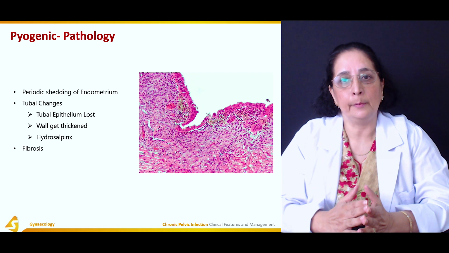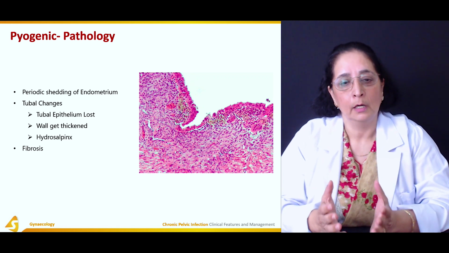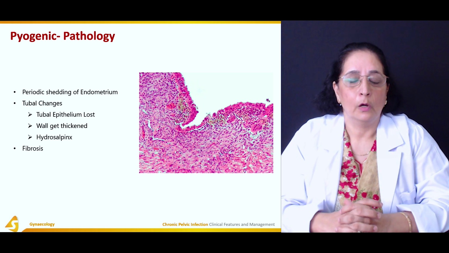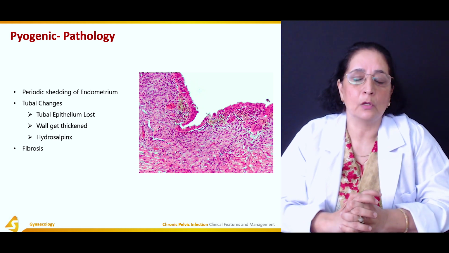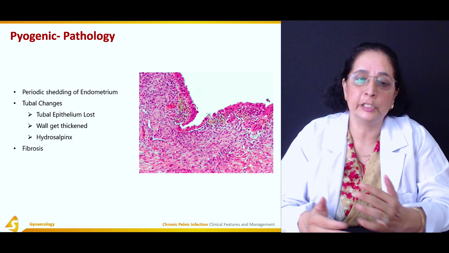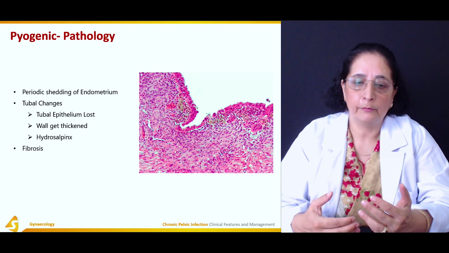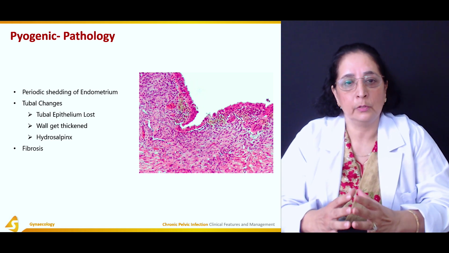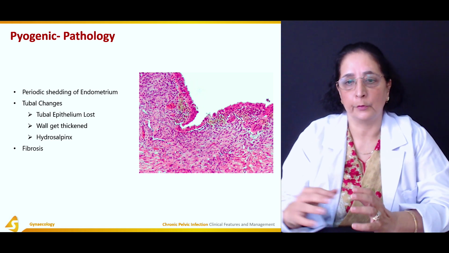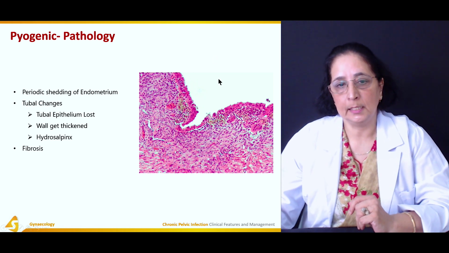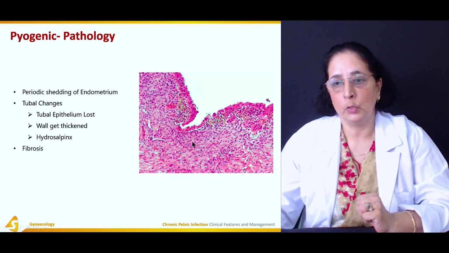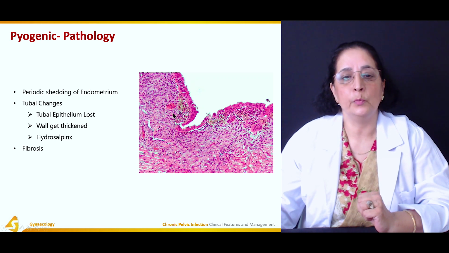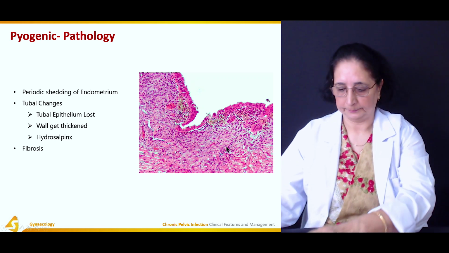So hydrosalpinx is the fluid in the fallopian tube. Or sometimes there is fibrosis also. Fibrosis is when the normal tissue is replaced by the fibrous tissue, and it causes the hardening of the structure. Here, this is the histological picture of the endometrium. All these changes are taking place in the endometrium of the uterus.